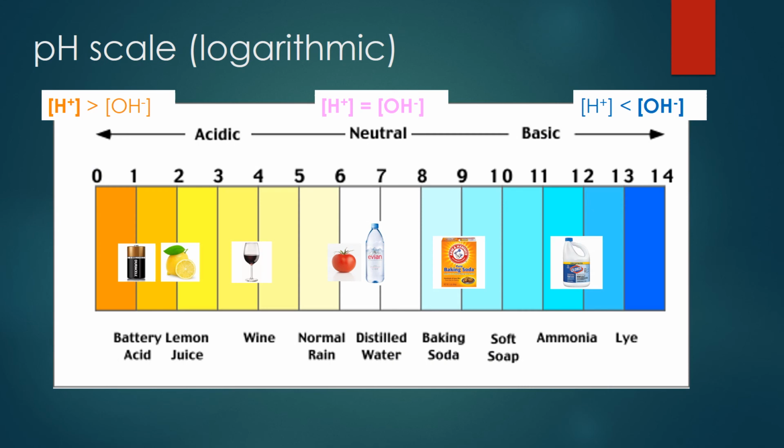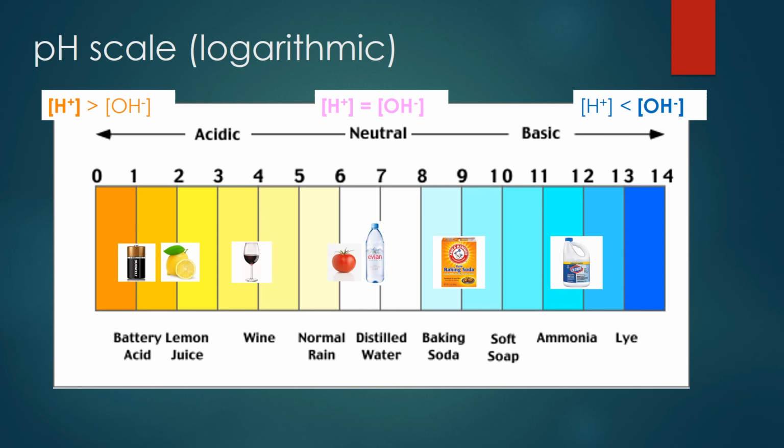And related to that ability, aqueous solutions, meaning those in which water is doing the dissolving of other stuff, can take on different properties. We call them acidic and basic properties. An acid is when there are a lot of positively charged hydrogen ions floating around in the aqueous solution.